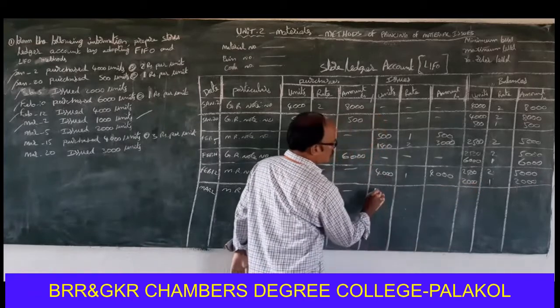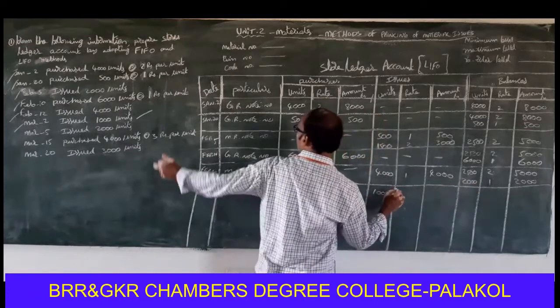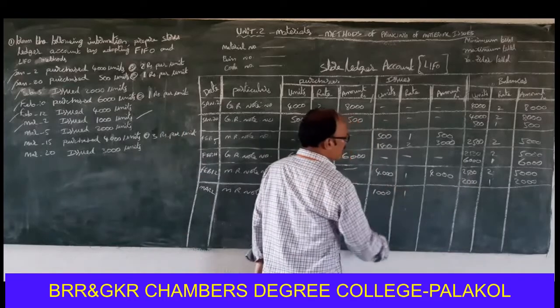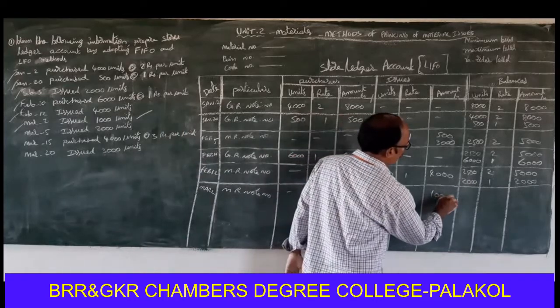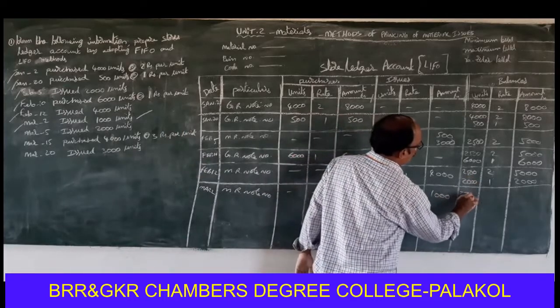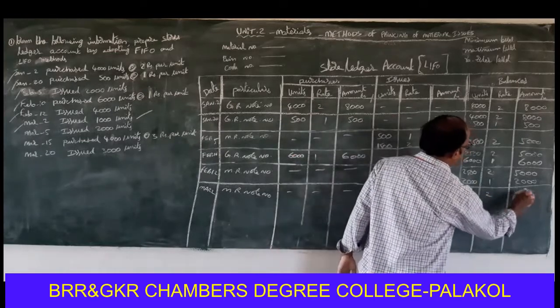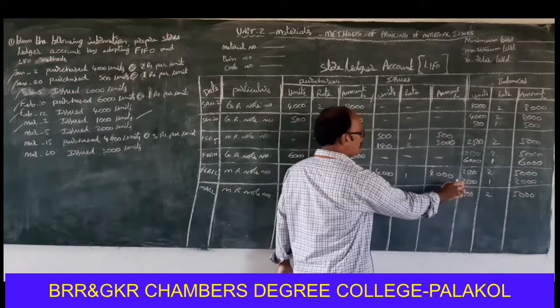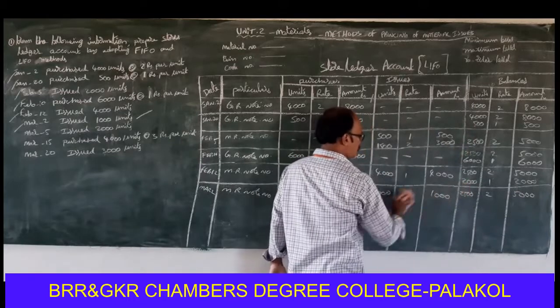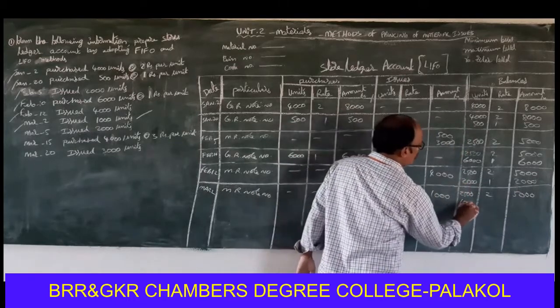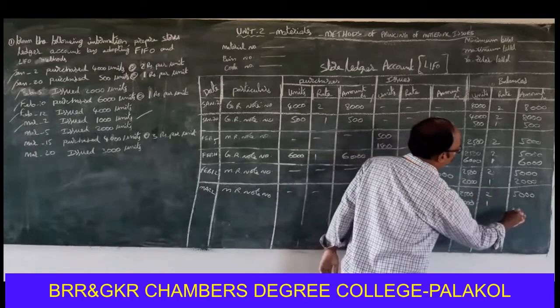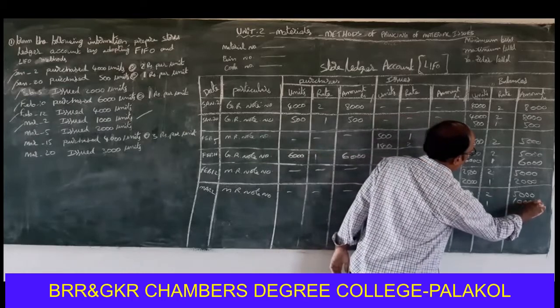So 1,000 units at the rate of 1 rupee, 1,000. So 2,500 and 5,000 units. From this we issued 1,000 units. So 2,000 minus 1,000, 1,000 at the rate of 1 rupee, 1,000.